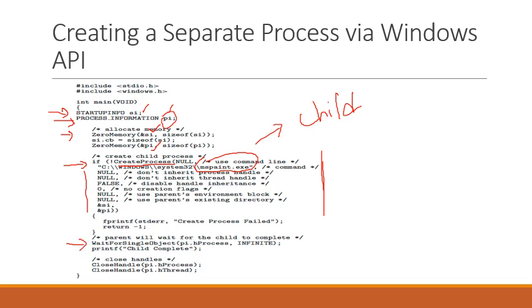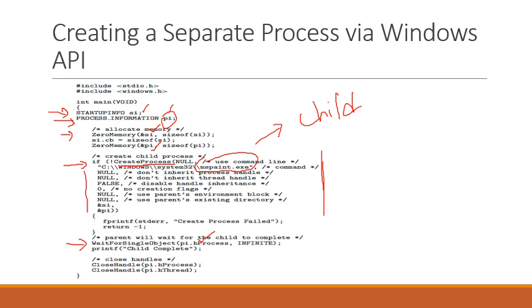The parent process will execute the WaitForSingleObject system call. This is equivalent of the wait system call that we have used in the Linux environment. In the Windows environment, the name for the wait system call is WaitForSingleObject, and this system call has been passed a handle to the child process. So pi.hProcess is the handle for the child process.